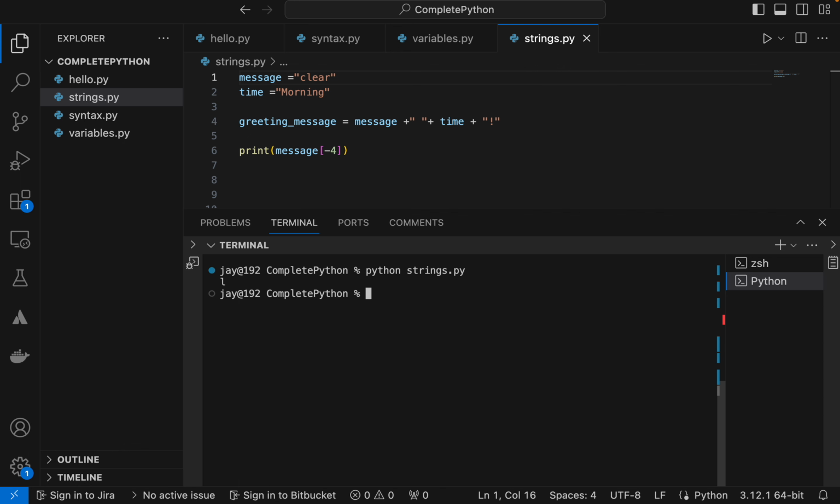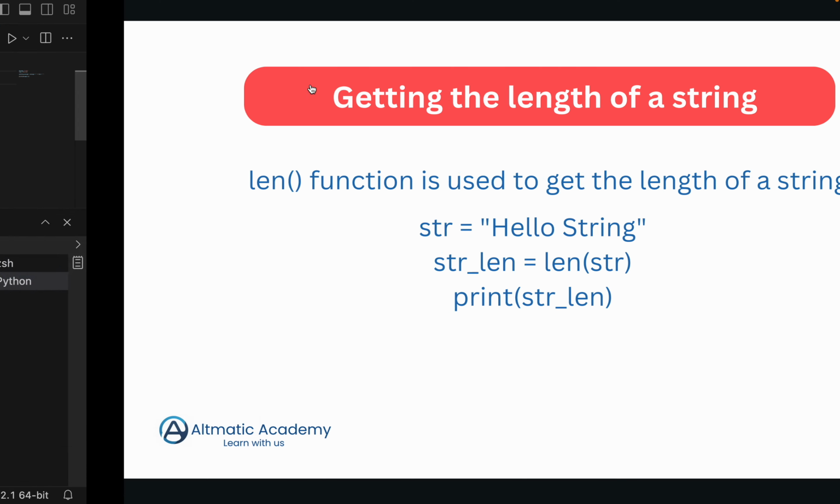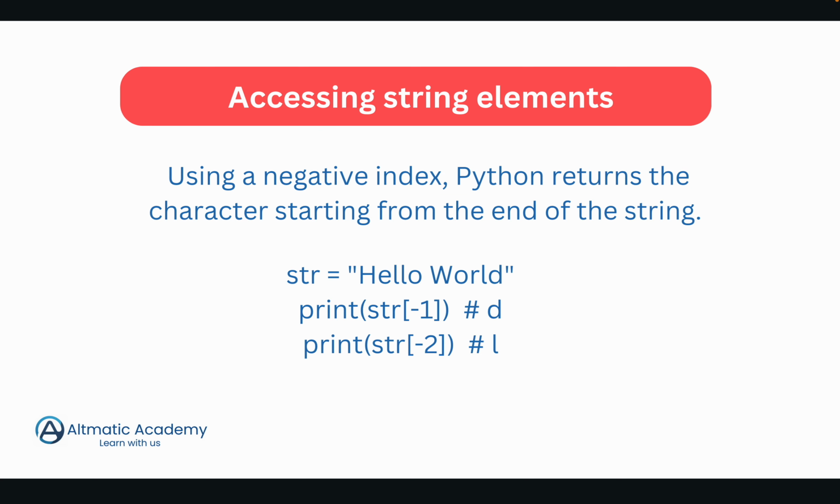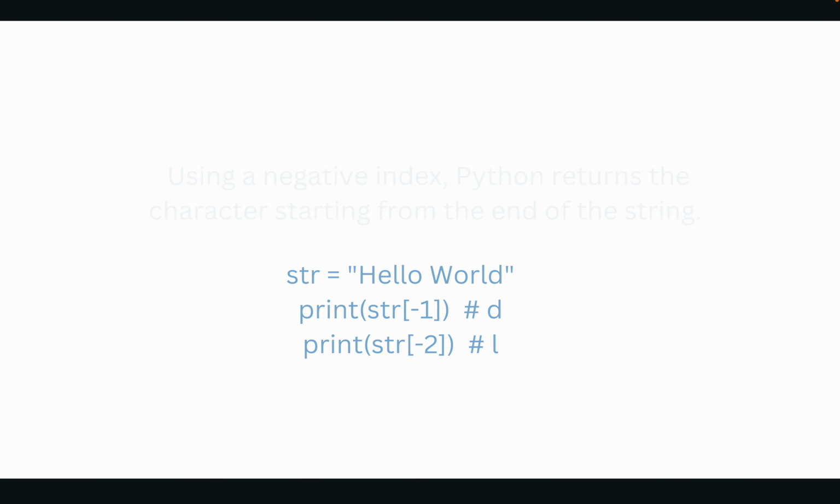Like I mistakenly changed the L, it's printing L for -4, right? So this is the way we can access through the negative index, right?